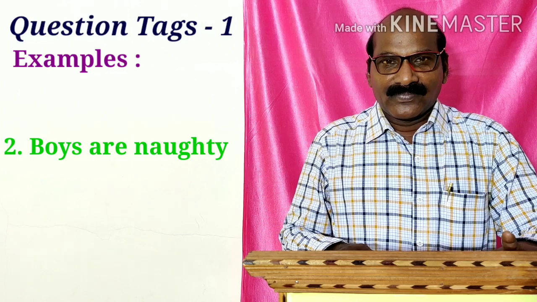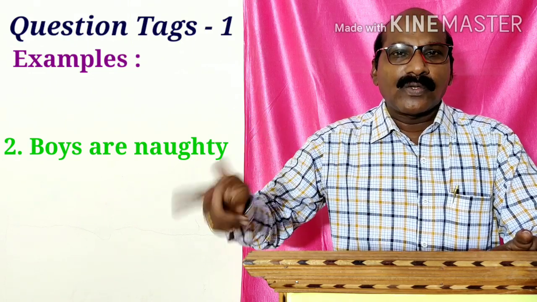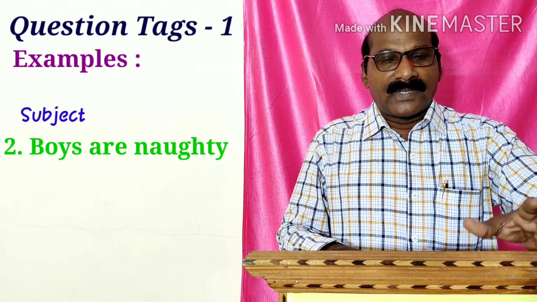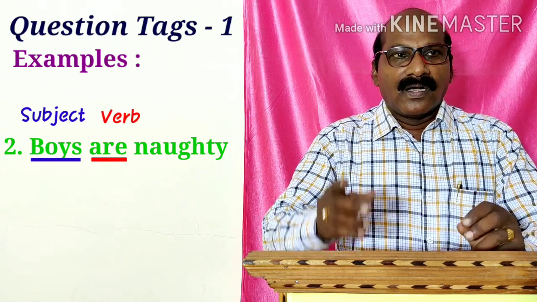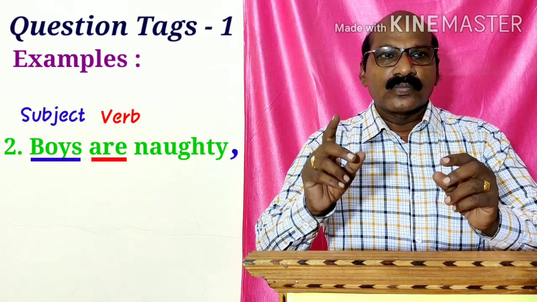Next, boys are naughty. This is the statement. This is the positive statement. This positive statement has a negative tag, question tag. The subject is boys and the verb here is are. We have to begin the tag with the helping verb.